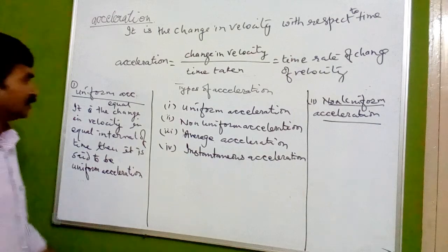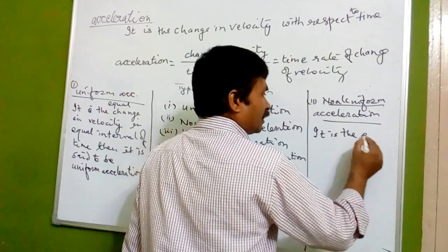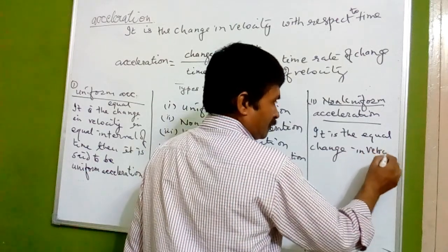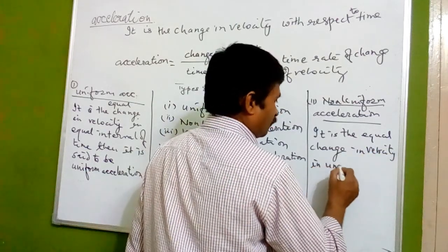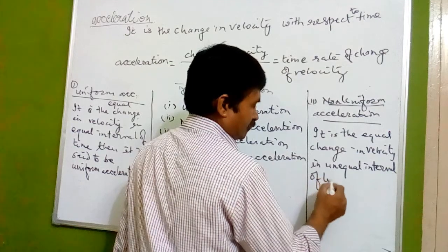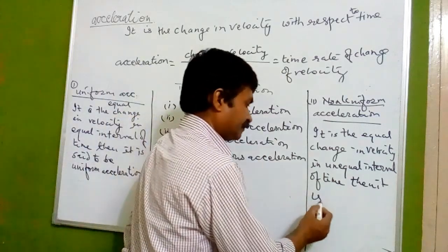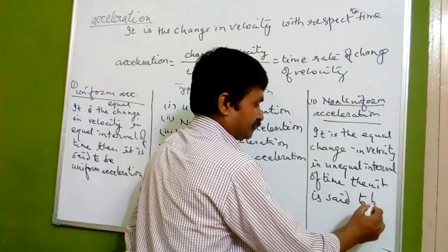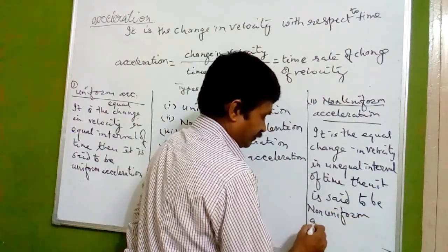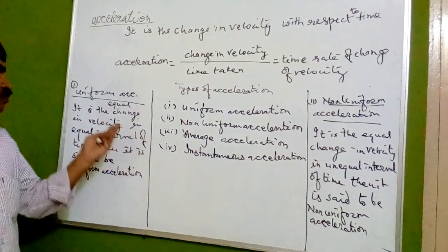Here we can say it is the unequal change in velocity in equal interval of time, or equal change in velocity in unequal interval of time, then it is said to be non-uniform acceleration. Now we have got these two types.